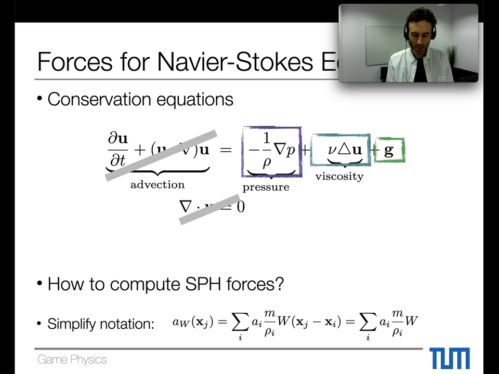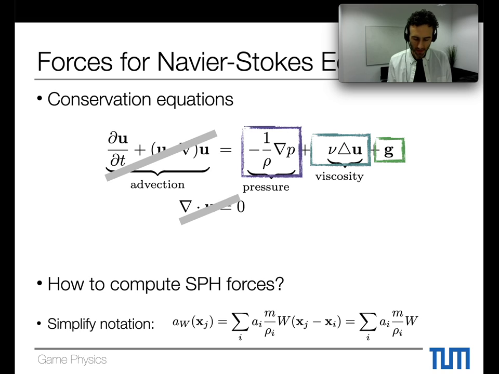Now we're left with computing the force terms on the side, and I will focus on the pressure in the following. The viscosity is actually relatively similar, I'll point that out in a moment. And gravity, this is easy, we can just add it on top. Yeah, a note about the notation.